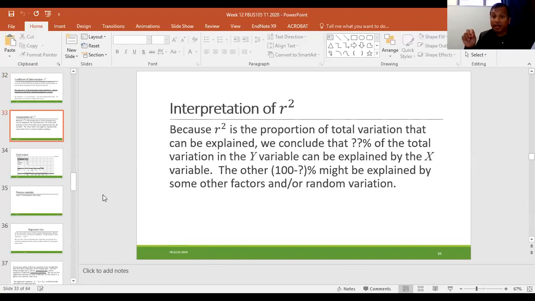We conclude that in this case, 100% of the total variance in the Y variable can be explained by the X variable. If 95% is explained by X, the remaining 5% might be explained by other factors or controlling variables that are unknown to you.